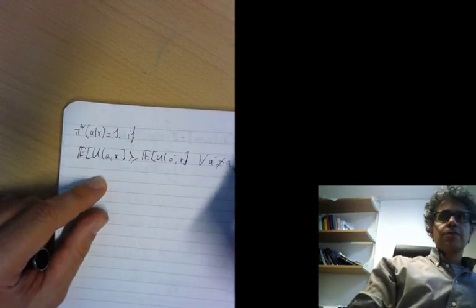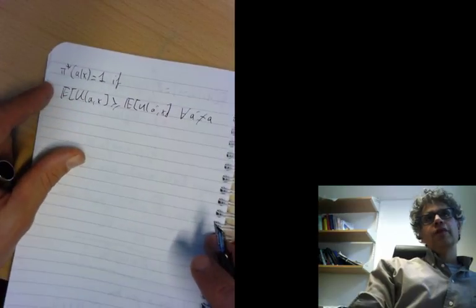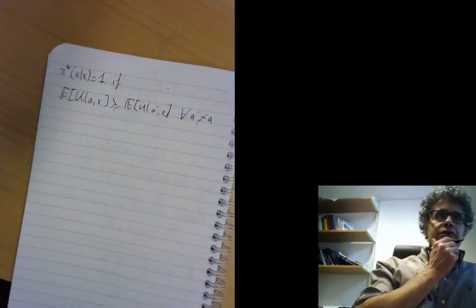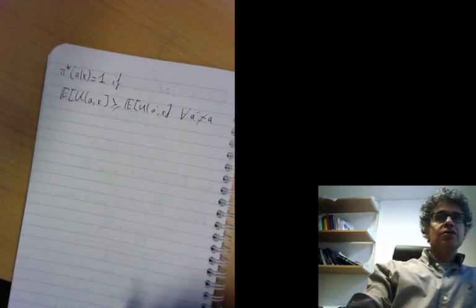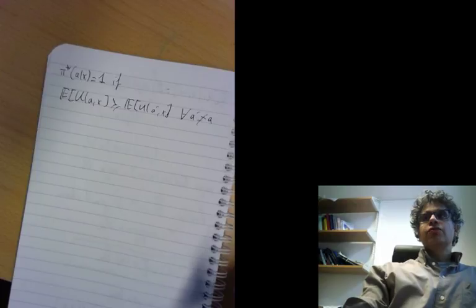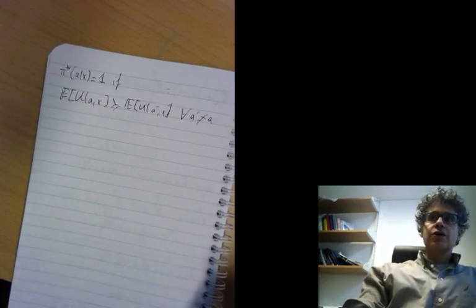Okay? That's the basic idea for this. So you don't really have to define completely what the policy is. You just have to be able, for any possible X you observe, to find the maximizing action.